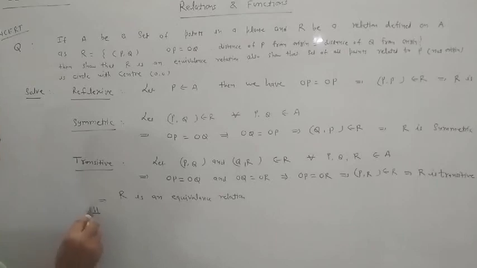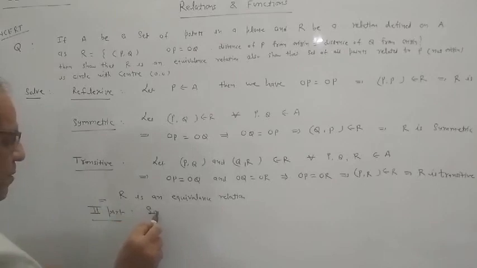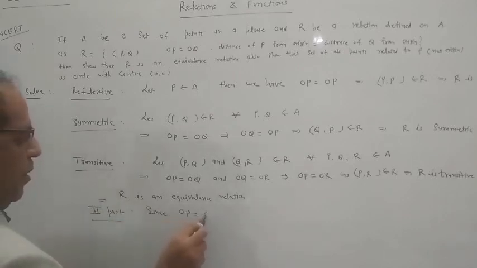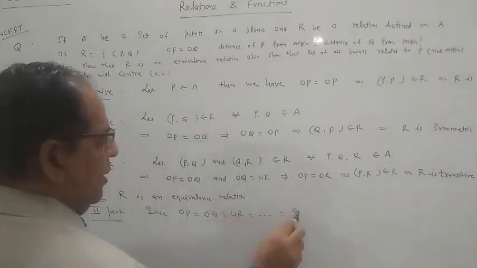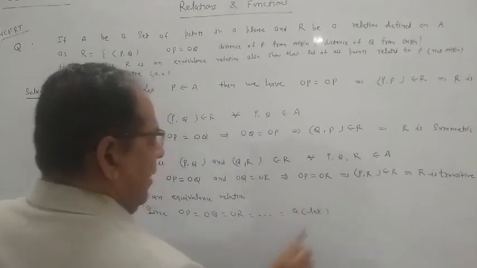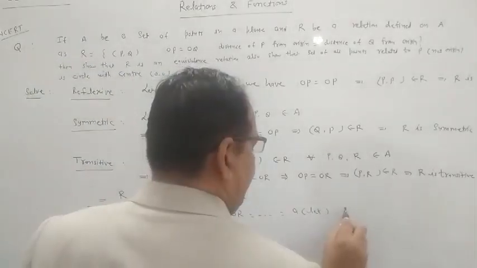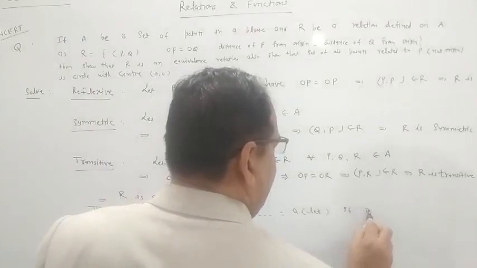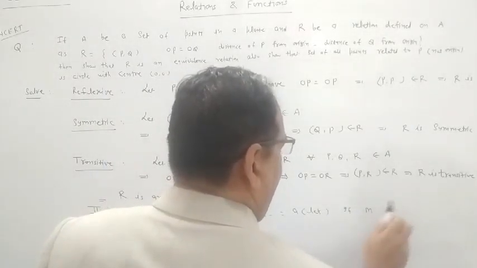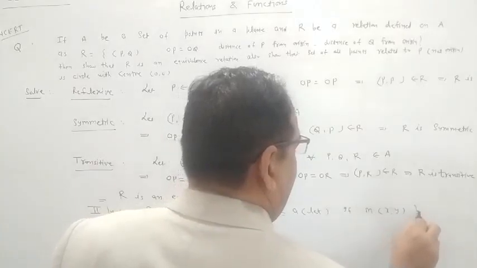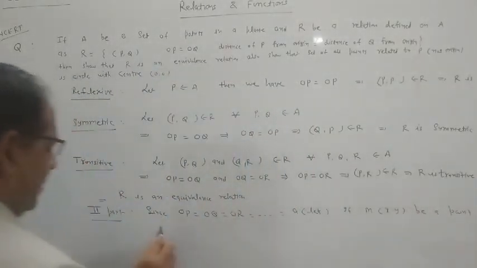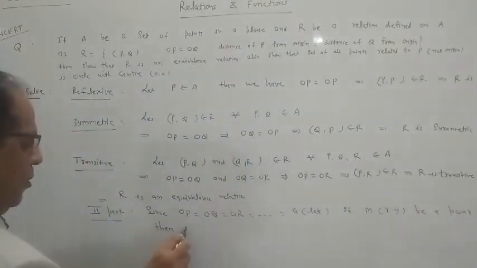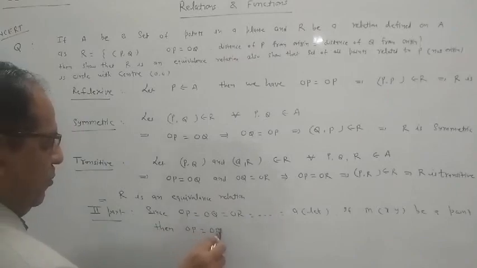OP equal to OQ equal to OR and so on, equal to A. Let us assume that M (x, y) is a point, then OP is also equal to OM.